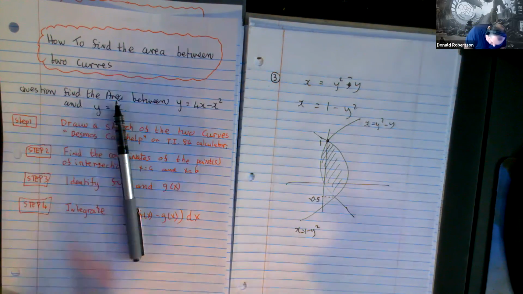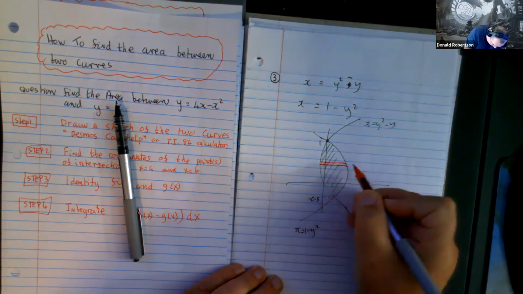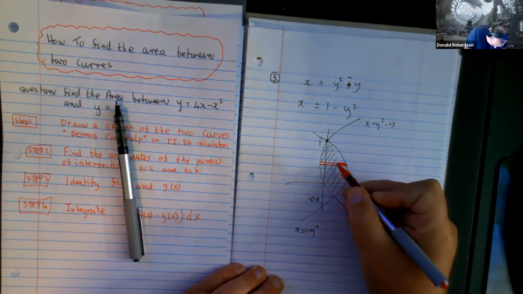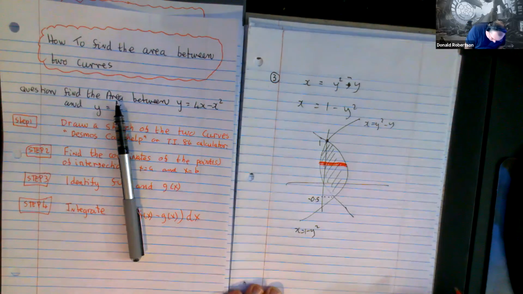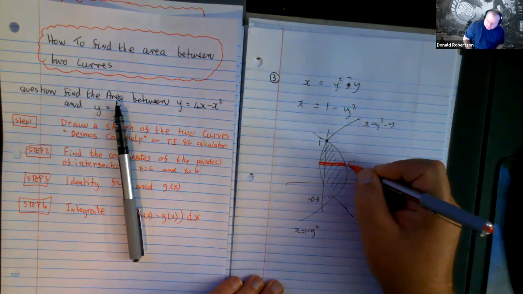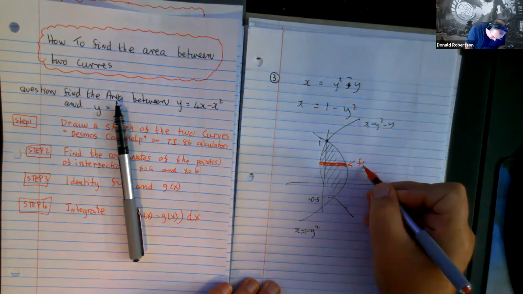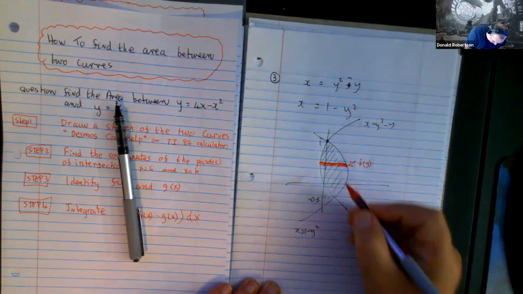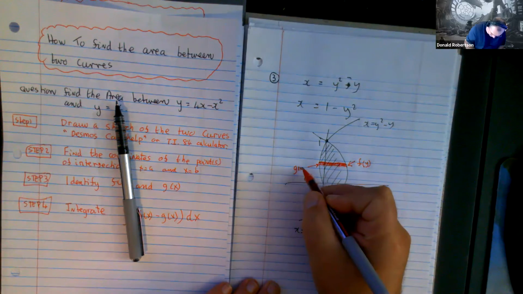If you do a horizontal line like that, can you see this one is furthest to the right? So this one is going to be my f of y. And this guy is the other one, the other side, and he's going to be my g of y.